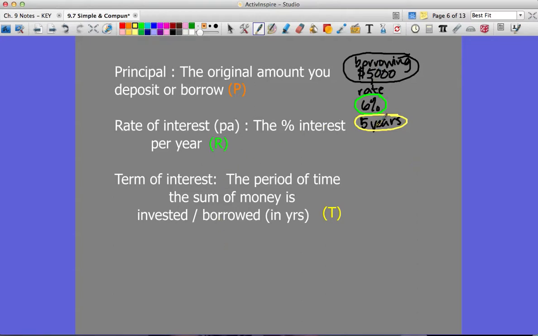Typically, each of these gives you an indication of which one they are: the percent of interest is always going to be your percentage, your time is always going to be your years, months, days, etc., and your principal is always going to be the dollar amount that you're borrowing or investing.